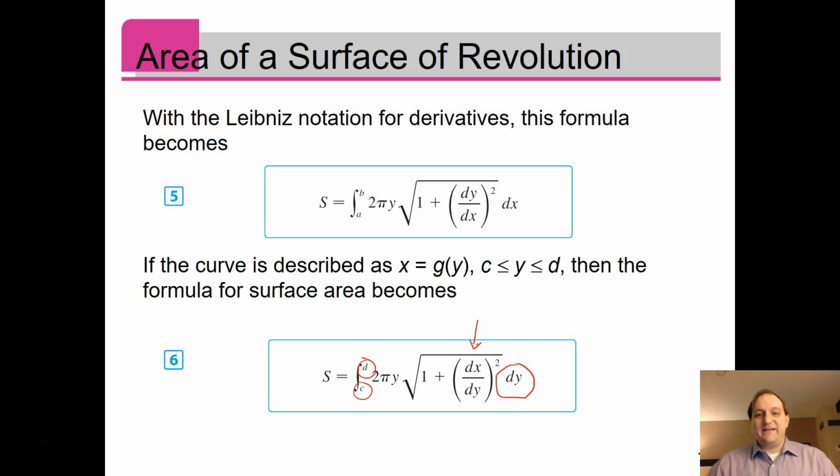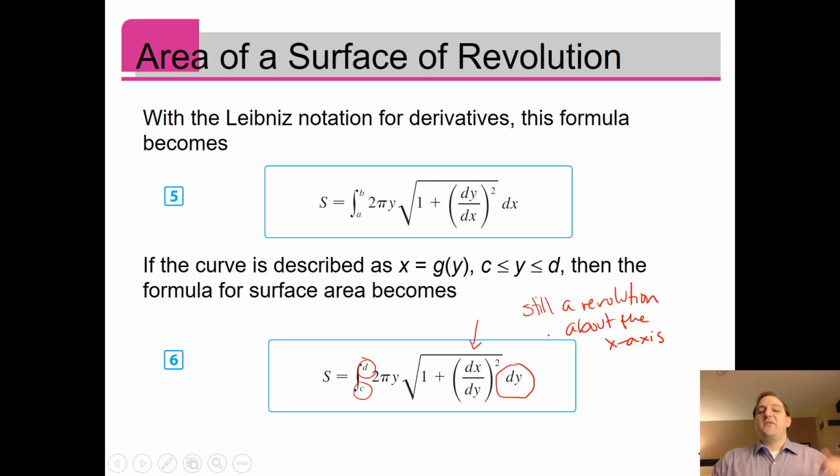Instead of dy dx, we have dx dy squared under the root. This y stays the same. Note, this is still a revolution about the x-axis, even though we're integrating dy. This is a crazy situation that doesn't come up very often.